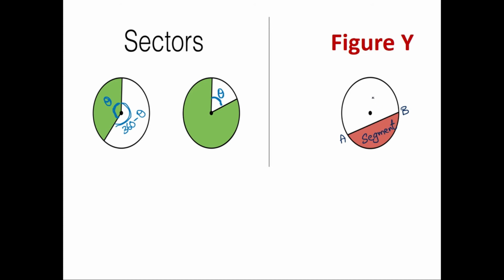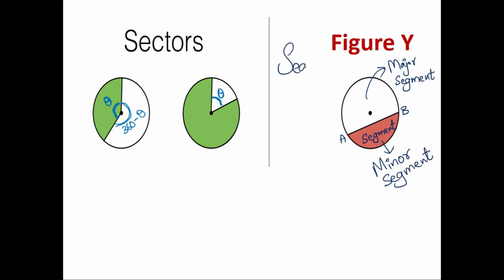To be more specific, this is going to be a major segment, and this is a minor segment. So this is a segment and the other is a sector. This figure should give you a clear picture to differentiate a sector and a segment.